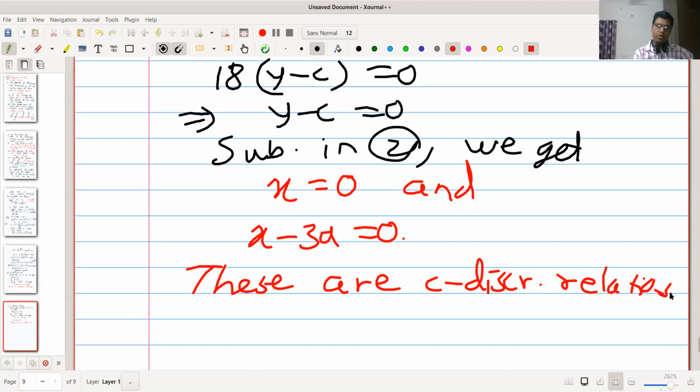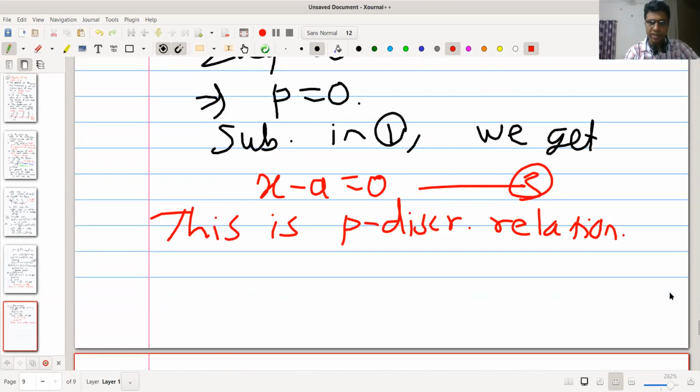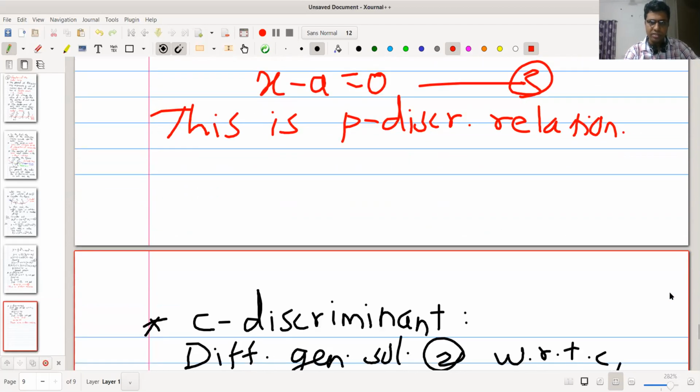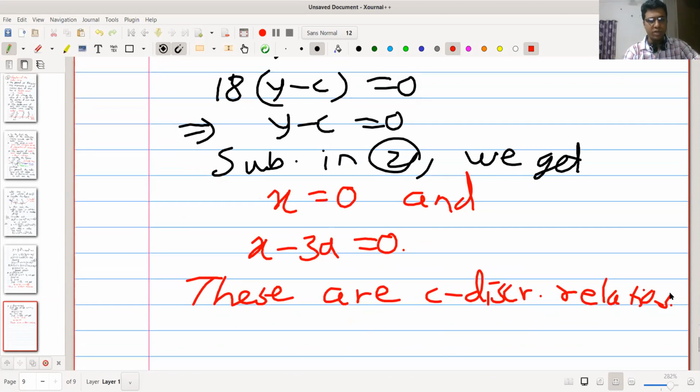Now note that the p discriminant relation is x minus a equal to 0. That means x equal to a, it is a straight line, a vertical line which is parallel to the y-axis. Similarly, x equal to 0 is nothing but the y-axis, and x minus 3a equal to 0 is also a vertical line.